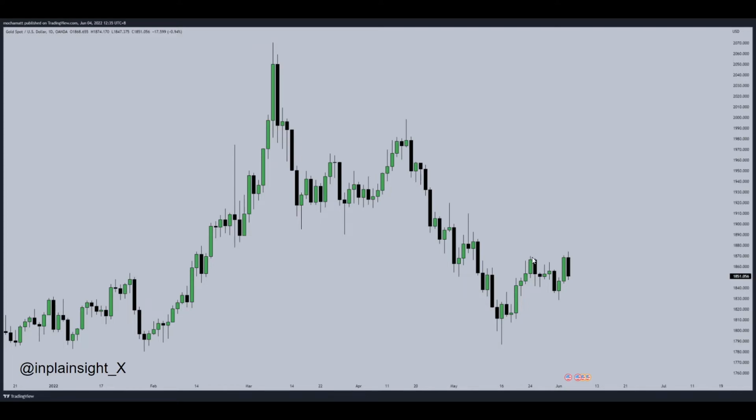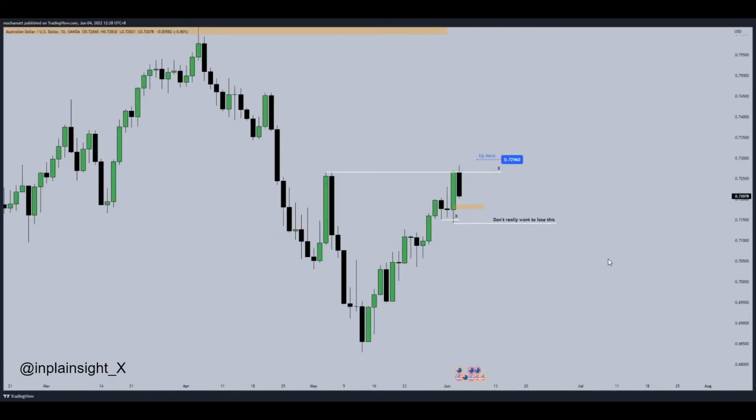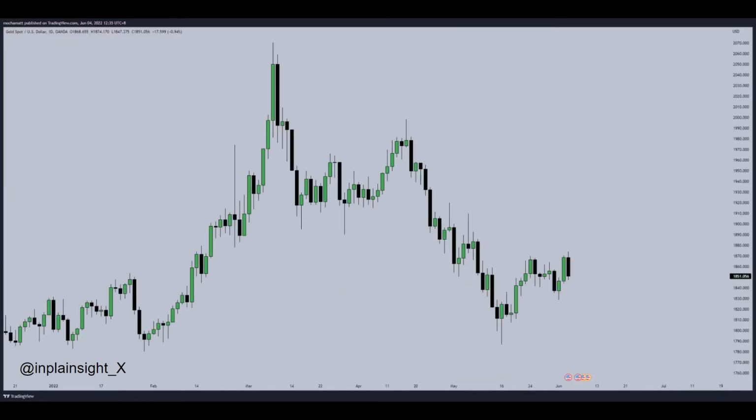We swept these highs, so that's always a potential red flag for reversal. But it's not like a 100% thing, right? So Aussie looks strong, gold looks strong. If dollar is going to be weak and proves its weakness, then I think those markets can go higher.